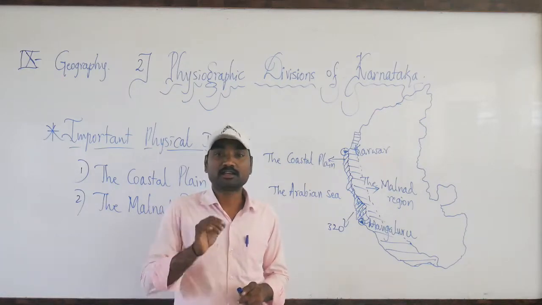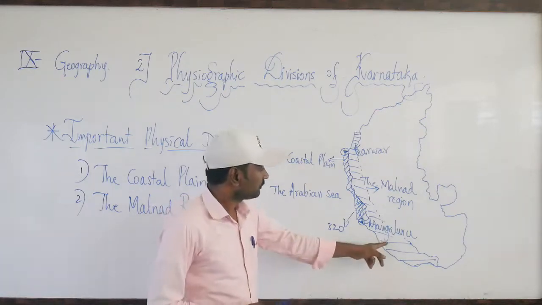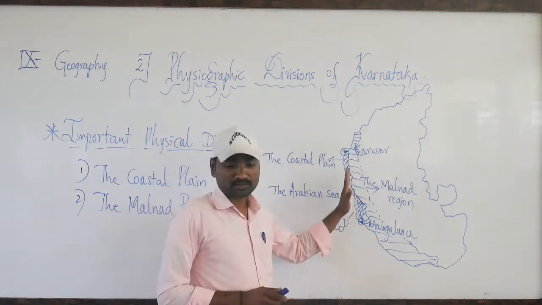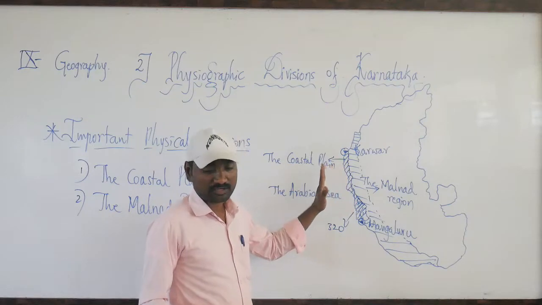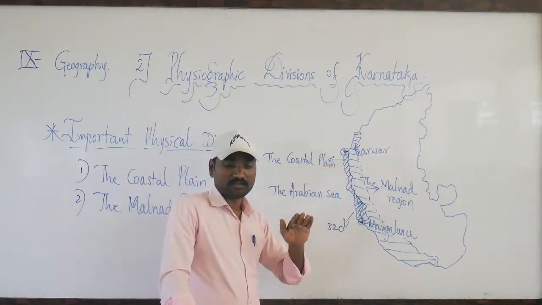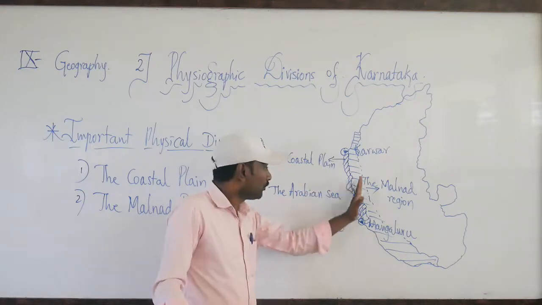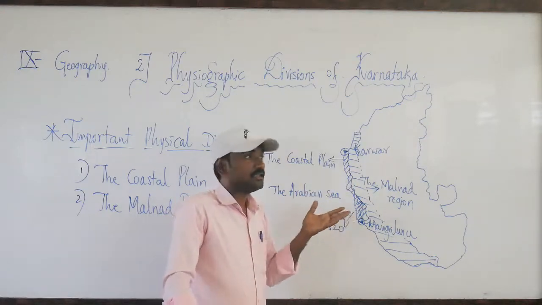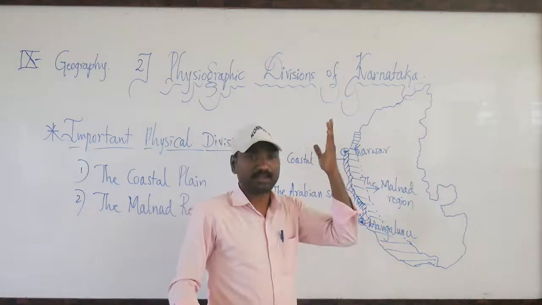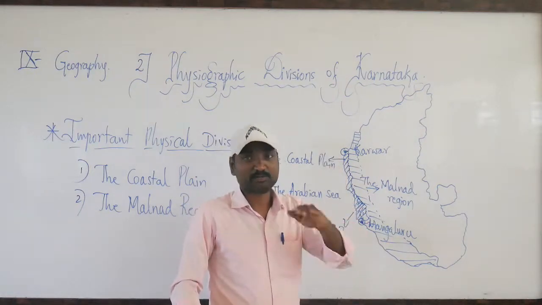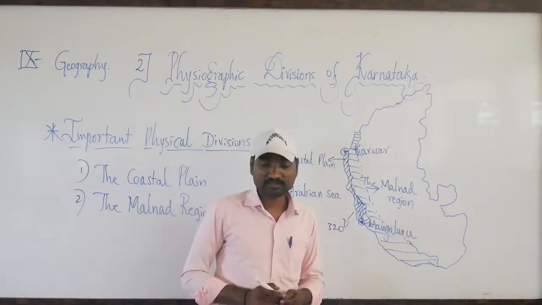Hence they are called Ghats. These Western Ghats are gentle on the east side and steep, terrace-like on the western side. On the western side these Ghats have more height. On the eastern side these Ghats are sloping.